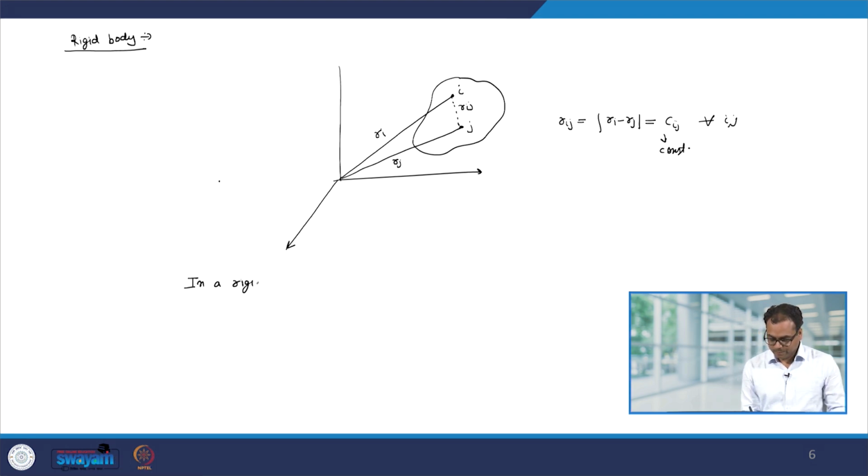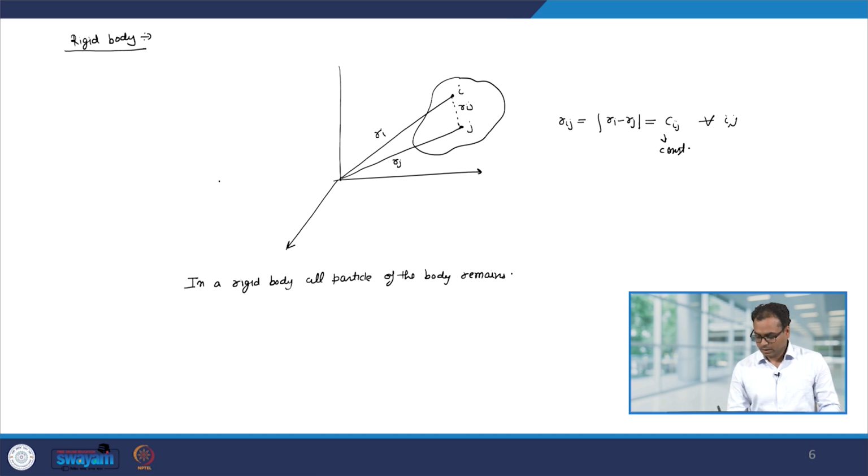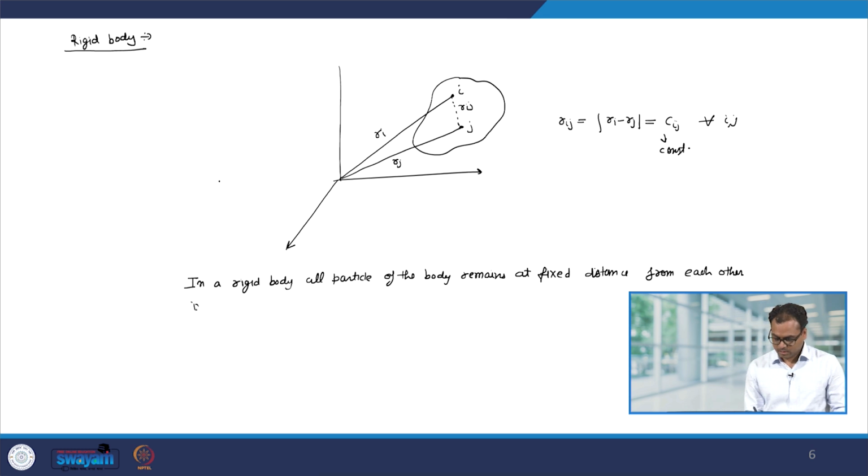In a rigid body, all particles of the body remain at fixed distance from each other irrespective of the forces that act on the body.